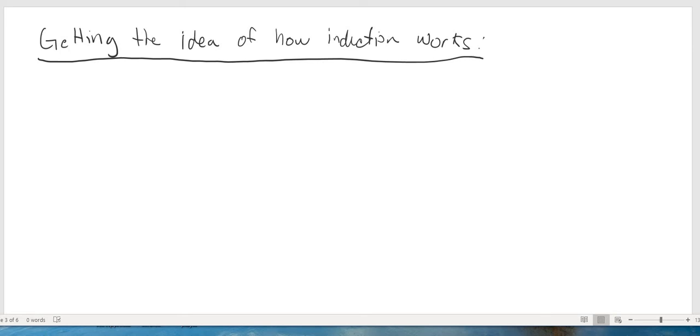So let's set it up this way. What numbers are in S if we have the following properties?